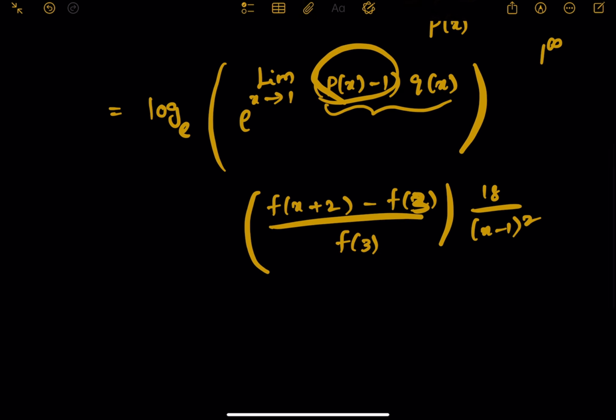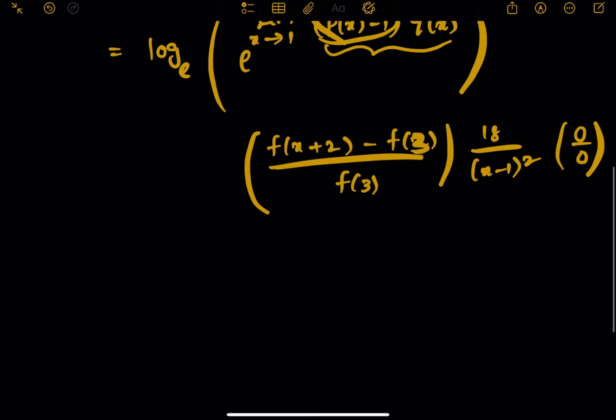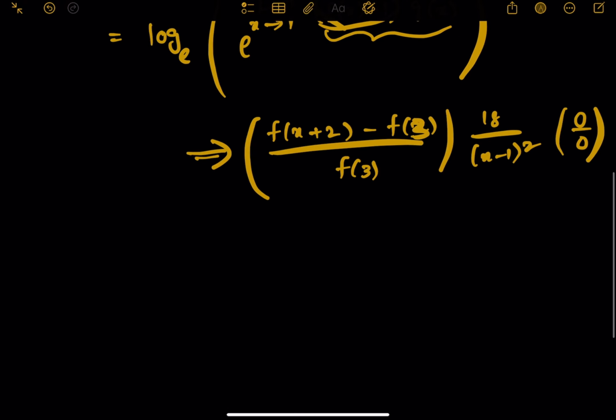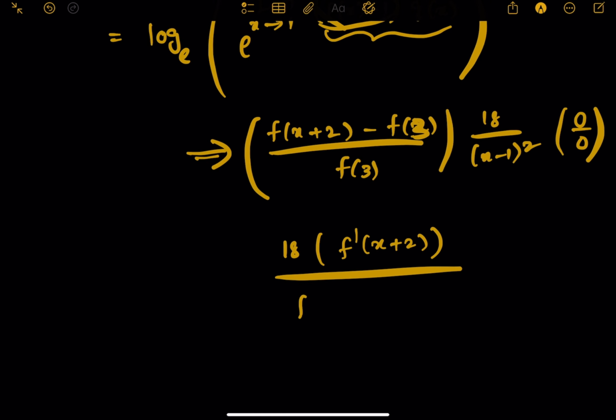Now if you put x = 1 in this, you will get a 0 by 0 form, an indeterminate form. So let us apply L'Hospital's rule. In the numerator you will have 18 into f'(x + 2), divided by, in the denominator, f(3) multiplied by 2(x - 1).